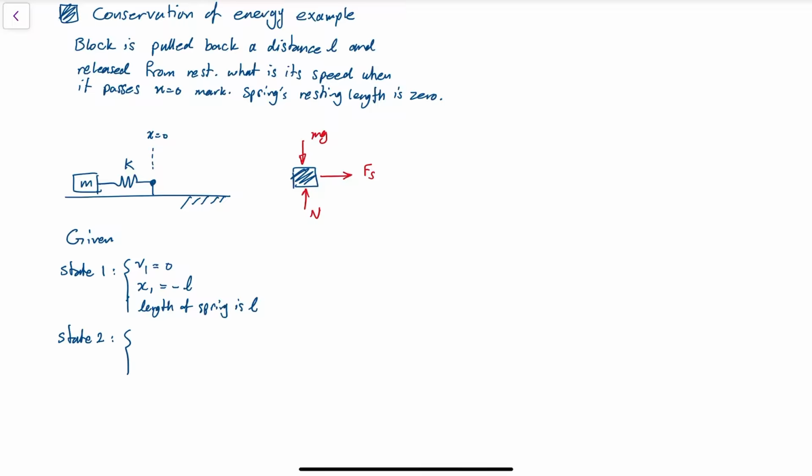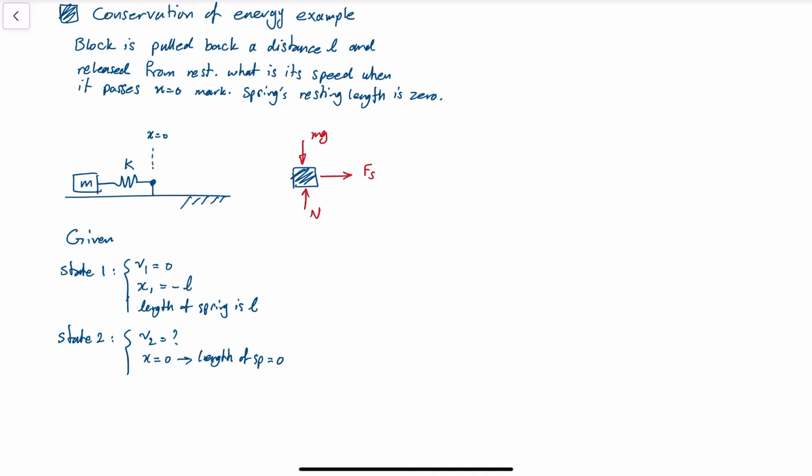I know at that time I want to find V2, so this is what I'm trying to find. And I know when I am at mark 0, when x equals 0, that also means the length of a spring is 0.